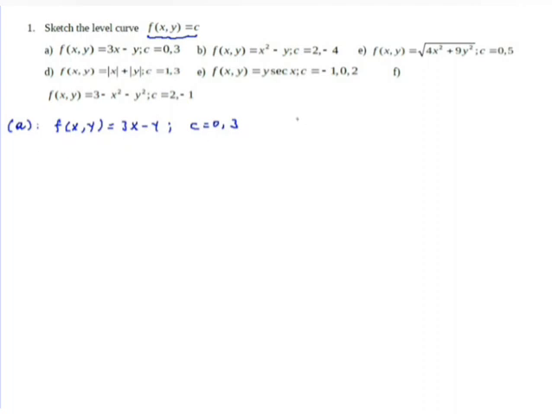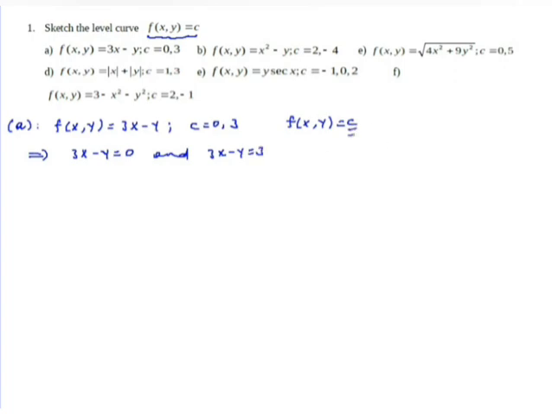So f of x comma y is equals to c ማለት በዚህ ኬዝ ምንድነው የሚሆነው 3x minus y is equals to 0 and 3x minus y is equals to 3.